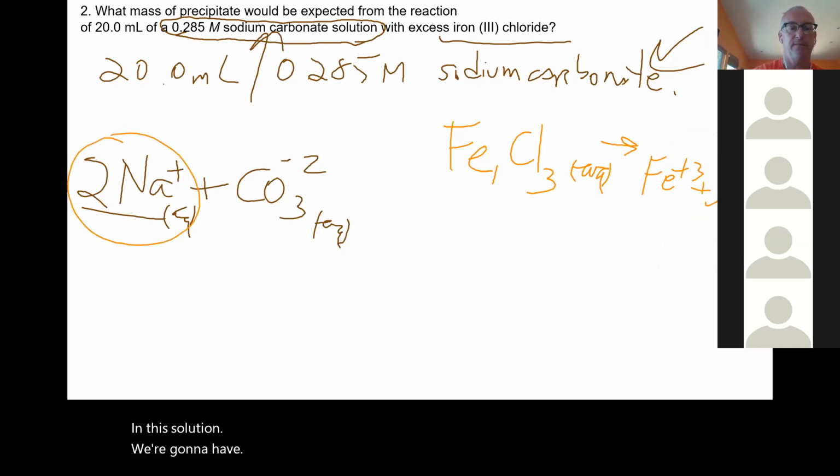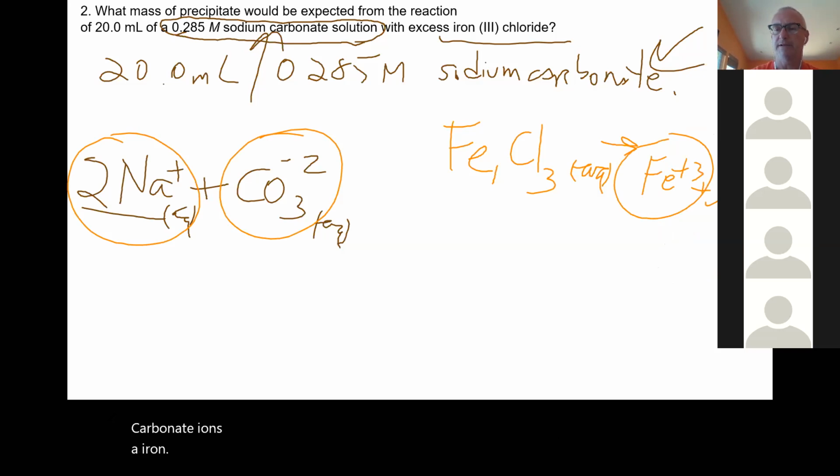So in this solution, we are going to have sodium ions, carbonate ions, iron ions, and chloride ions. And we know that sodium plus carbonate does not precipitate, because we have a solution of it.